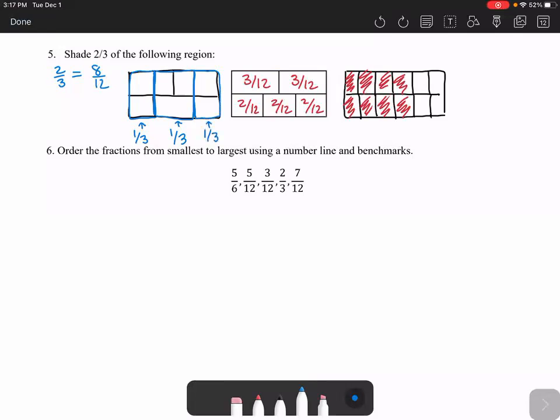So you essentially extend the bottom lines up so that you divide your shape into thirds vertically, right? Our shape's already divided into halves horizontally, but we can extend the lines up to have the shape divided into thirds vertically. And then each of those vertical rectangles is 1/3, so I'm just going to shade 2 of them.